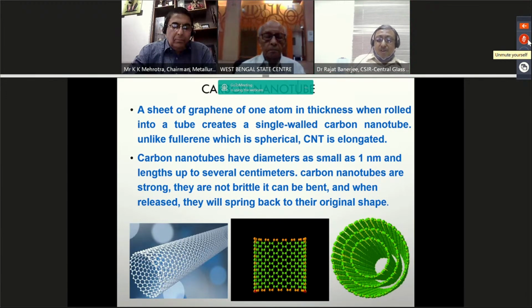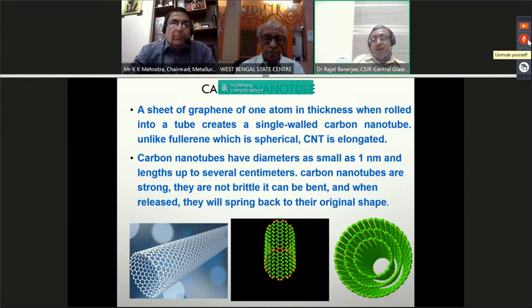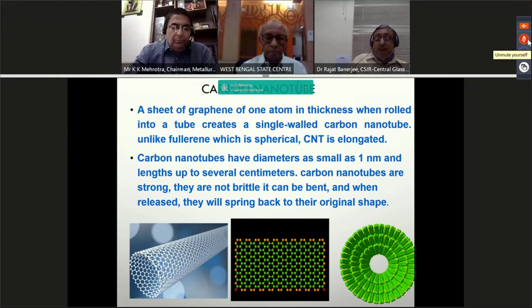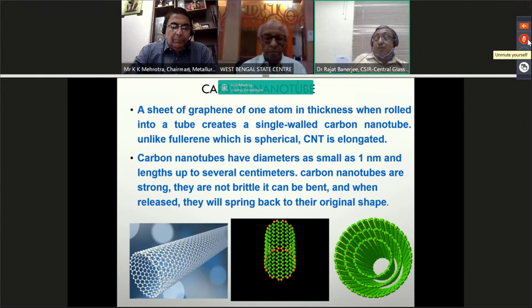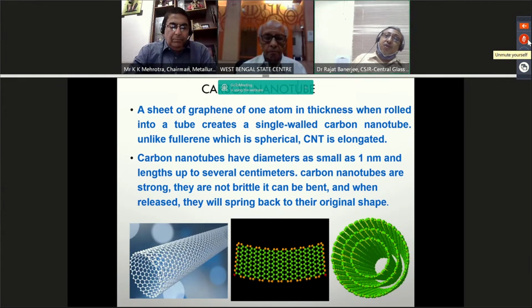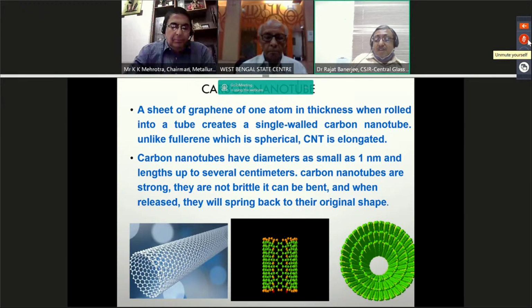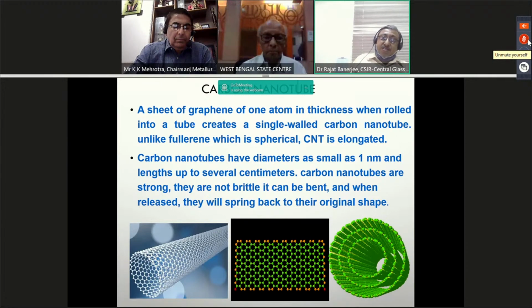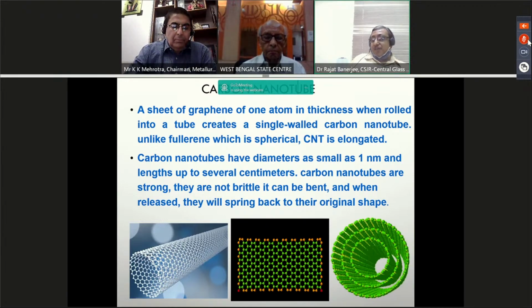Let me tell you, you may not get a single sheet of graphene of 1 atom, but that scratch will give you maybe 2 or 3 sheets of 1 atom graphene sheet, which is actually a multi-wall carbon nanotube. So you see, nature has given us everything in front of us. The only thing is that we need to have our eyes to find out what nature has actually given to us.